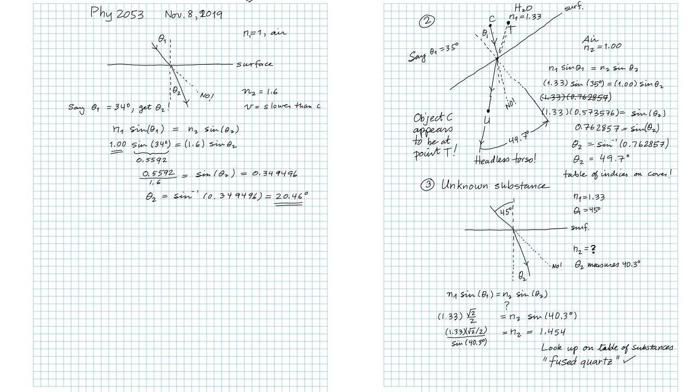That's the headless body. Here's the head, C for coconut, cranium. Here's point T, torso. The headless body. His body appears to be over here. His coconut is above the water, so you see it directly. It's over here to the left. So this is how it works, and this is you down here. All right, so this is the headless torso problem.